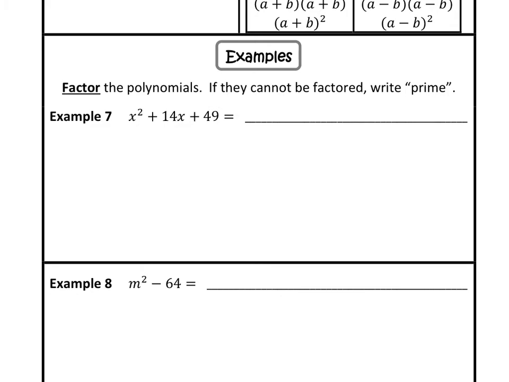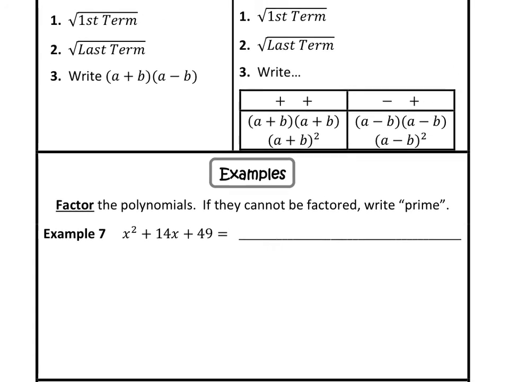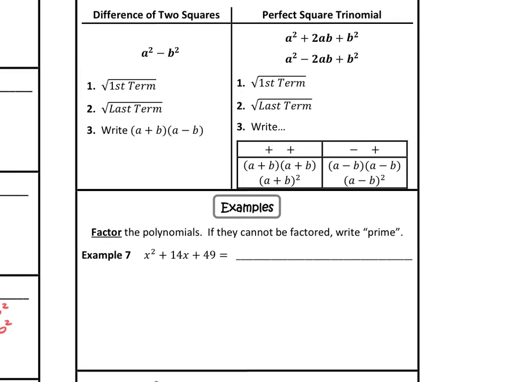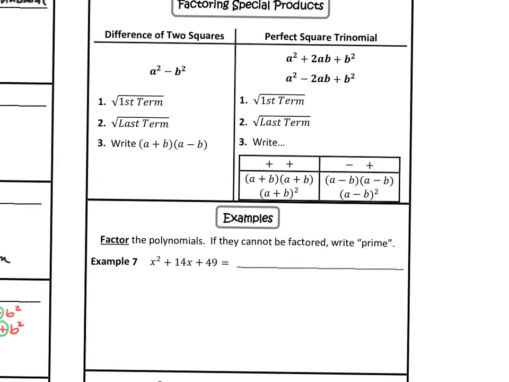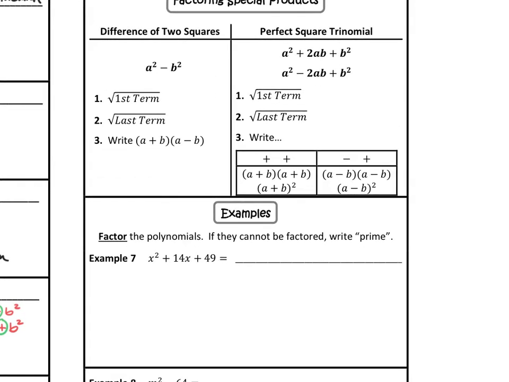Okay, so let me zoom out so that we can have the equations up there in view. We have the equation here for difference of squares and the perfect square trinomial. First of all, how many terms do I have? 1, 2, 3, so it's a trinomial.